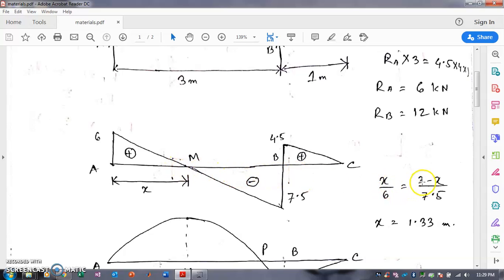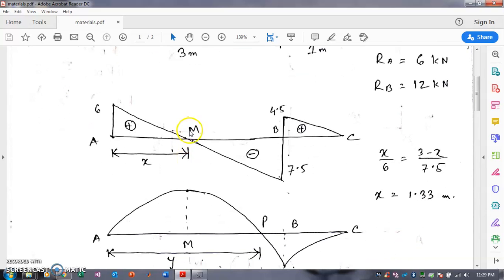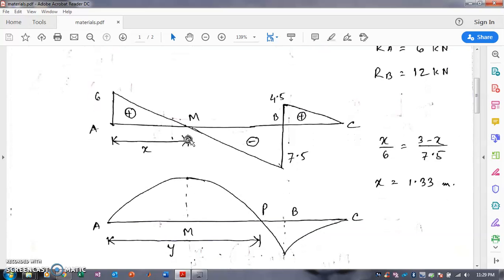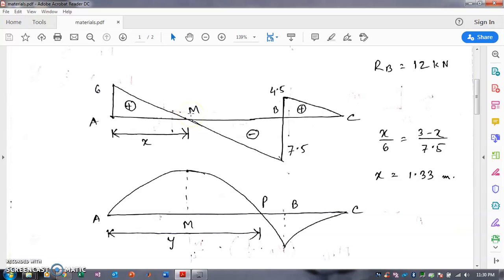Then we will get the value of x, and here it comes to 1.33 meters. So AM is 1.33 meter, and we know that at the point where the shear force diagram changes its sign, there we get the maximum value of bending moment. So here the maximum value of bending moment will be at point M.